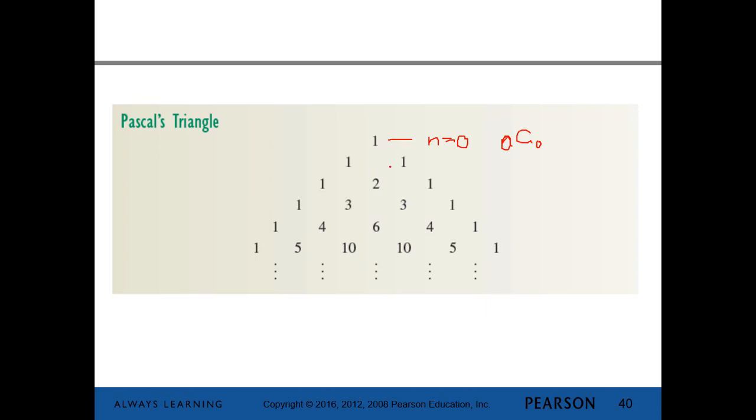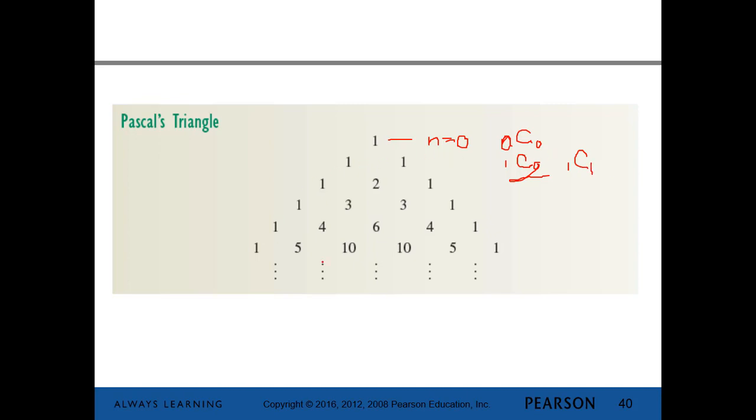That's where the 1 comes from. And then for n equals 1, there's 1 choose 0, which is 1, and 1 choose 1, which is also 1. So you get 1, 1.